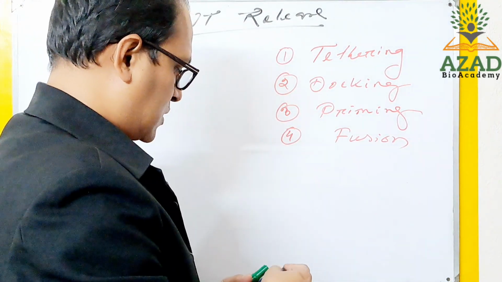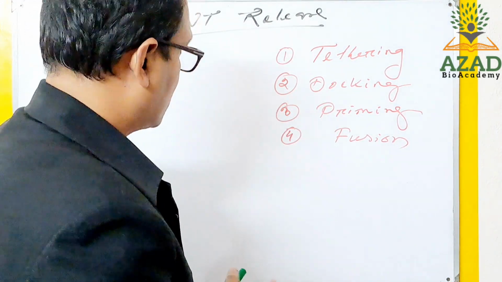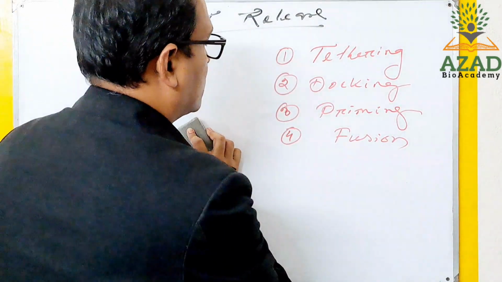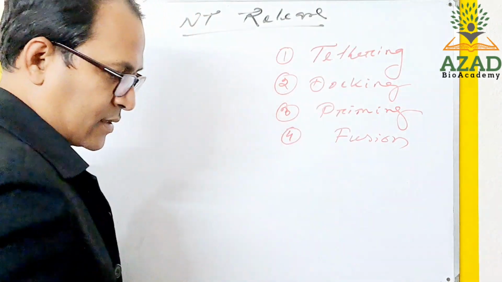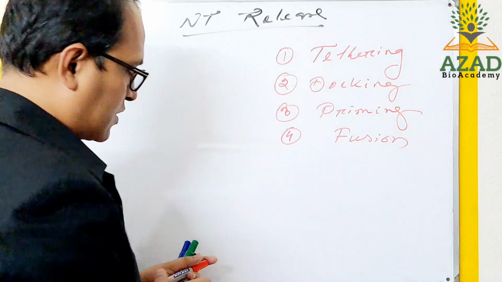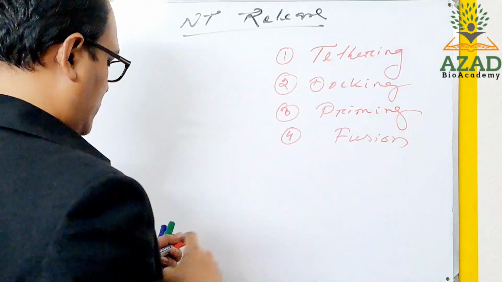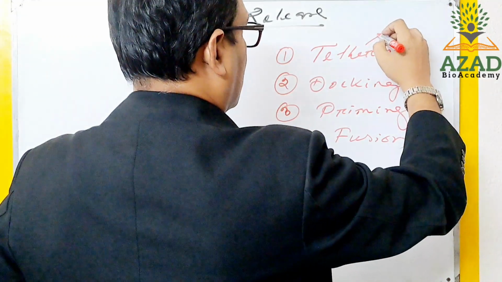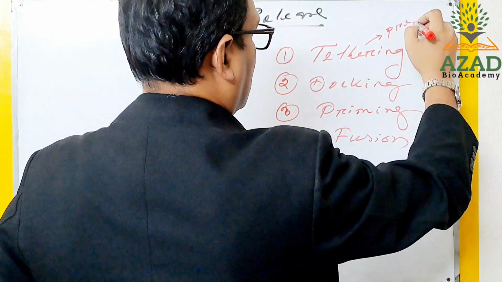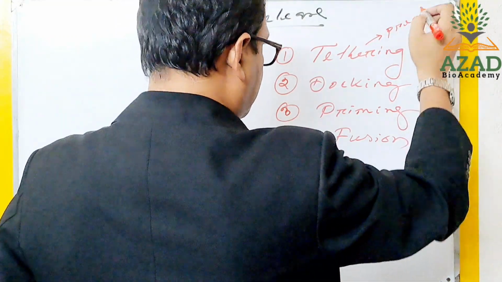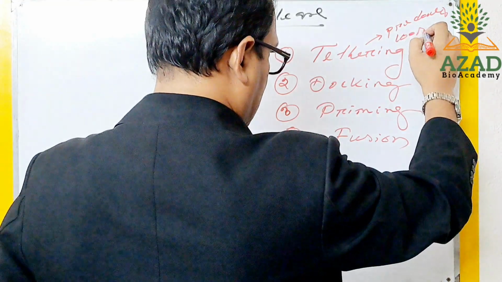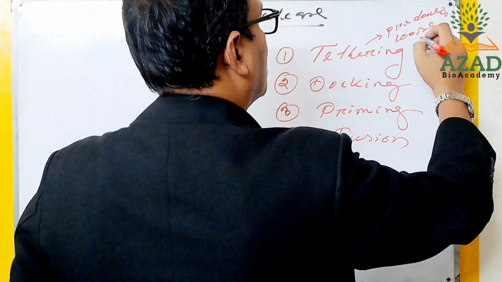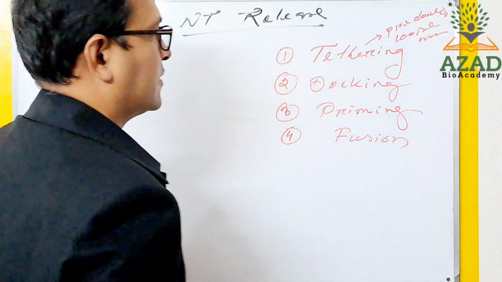So now, going to the details of today's topic. Tethering can be considered as a loose docking, or somebody says it is pre-docking, or you can say loose binding or loose connection.